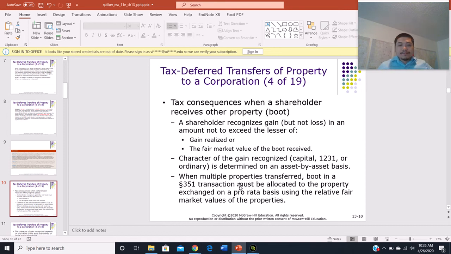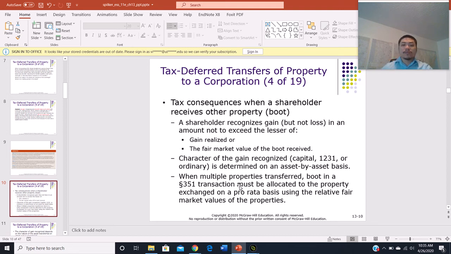And when there are multiple properties transferred, meaning the shareholder gives the corporation multiple items, the boot in a Section 351 transaction must be allocated to the properties exchanged on a pro rata basis. We're going to talk about that through an example.